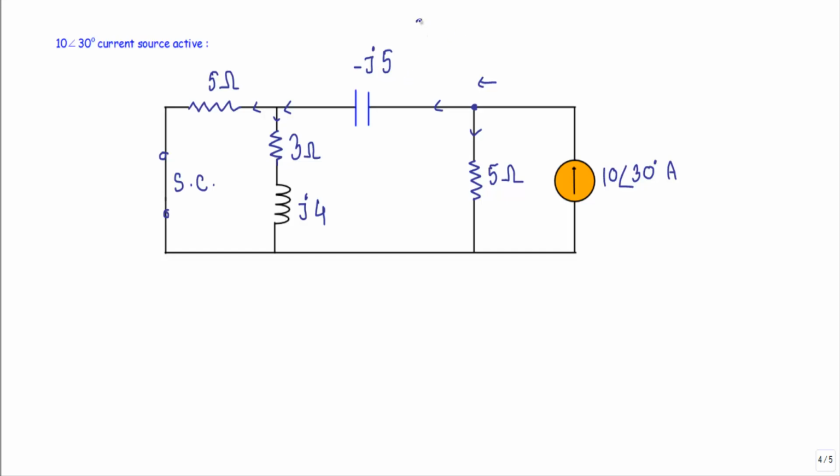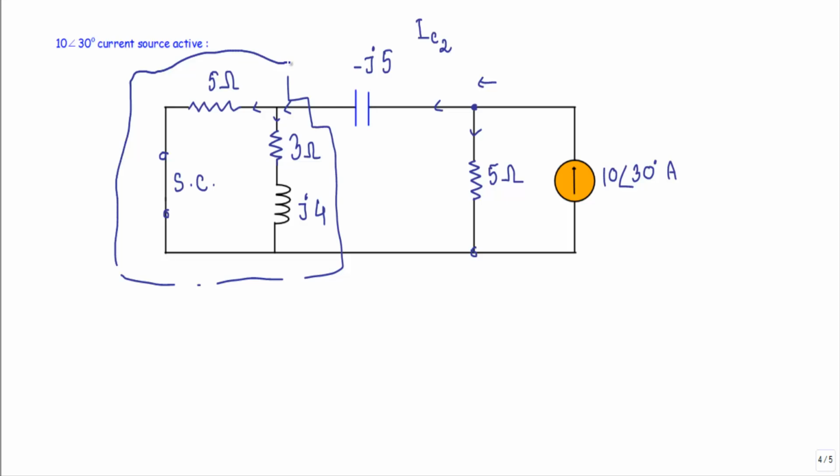Therefore, for this current source, let's say I denote that current with IC2. I can easily apply the special current divider rule to calculate IC2 if I replace these two impedances with a single impedance, as they are connected in parallel. Let's say I denote their equivalent impedance with Z5.